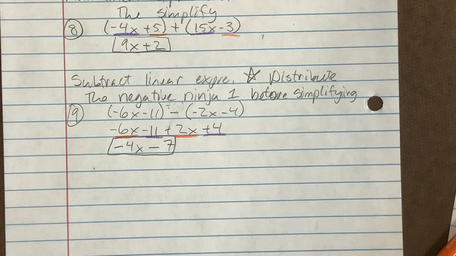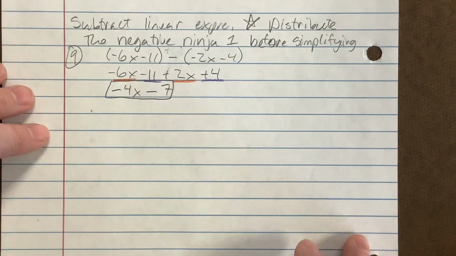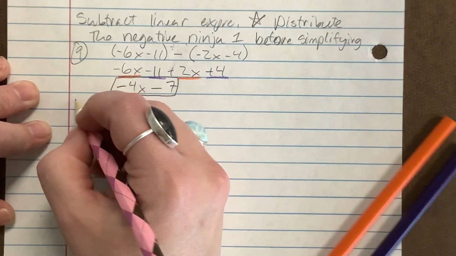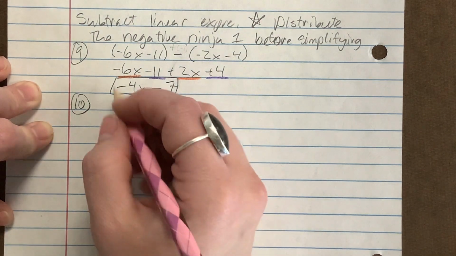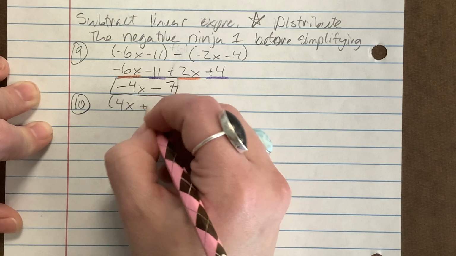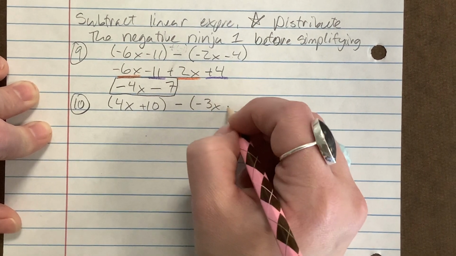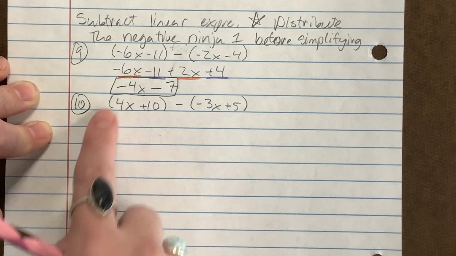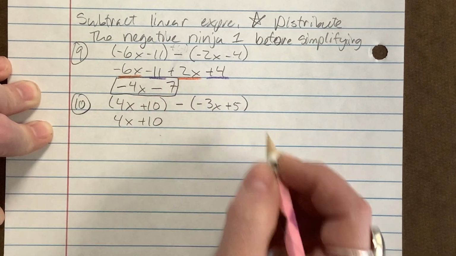Okay, so again, the trickiest bit on these is to distribute that negative through. Anytime you have a subtract and then parentheses, you have to distribute the negative through. We're getting close. Let's practice it one more time. 4x plus 10 minus negative 3x plus 5. Okay, so again, the first parentheses, we can just copy all of that down. Nothing changes.